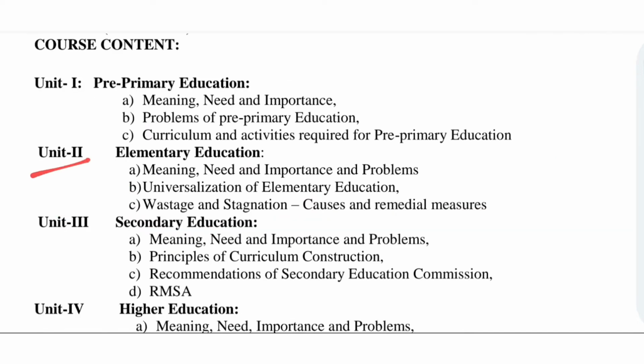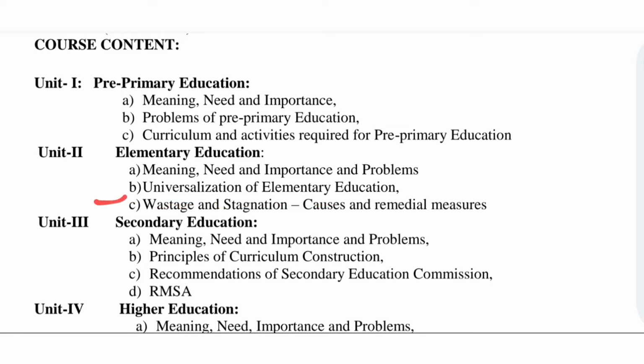Now let us discuss unit 2nd. Unit 2nd is elementary education, and in this unit you have to study A, meaning of elementary education, need and importance of elementary education, then problems related to elementary education. Then you have to study B, universalization of elementary education.